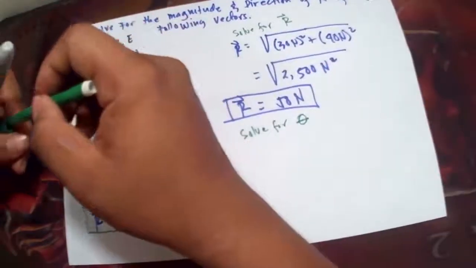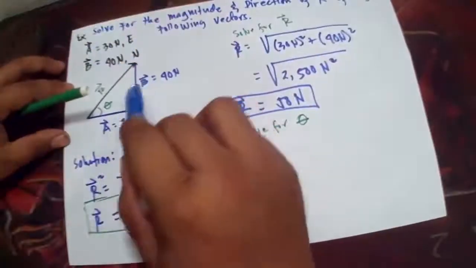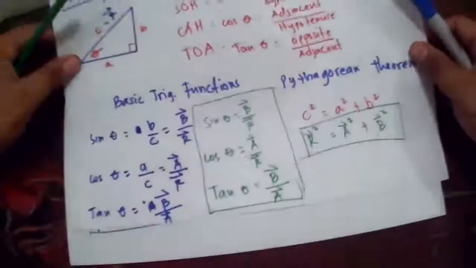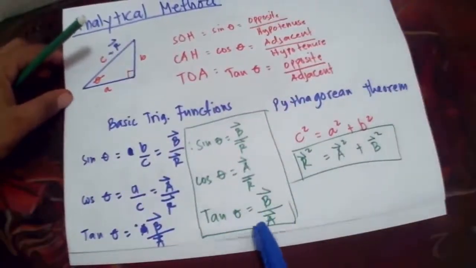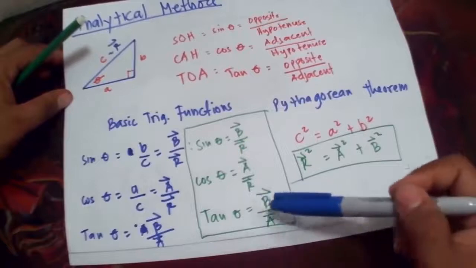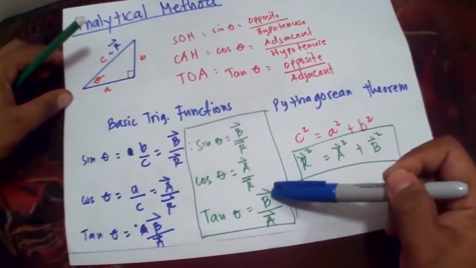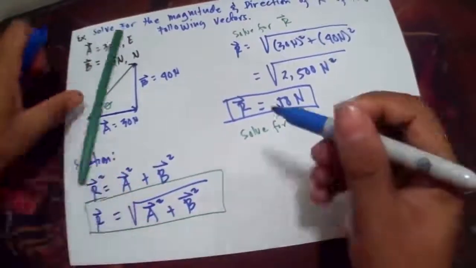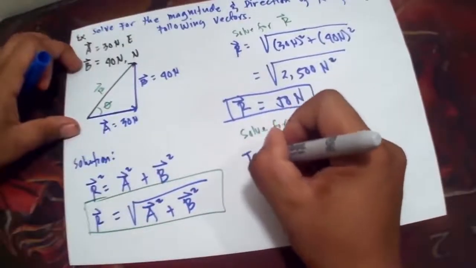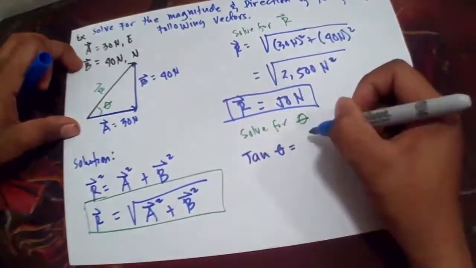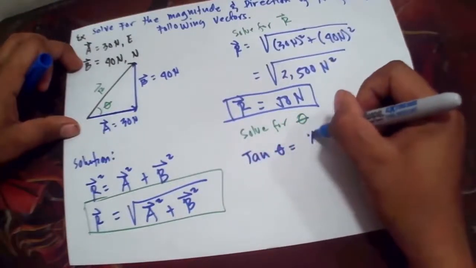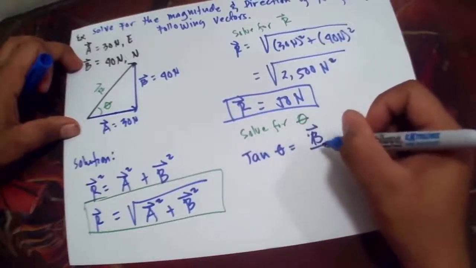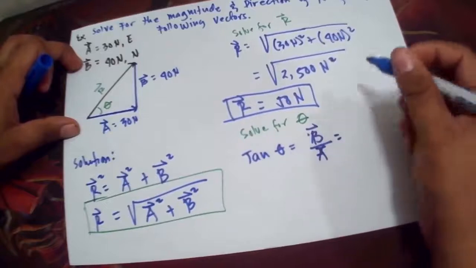Since both sides are given, and if we go back to this equation here, we can use the tangent function because side A and side B are given. So we will apply the tangent function here. Tangent theta is equals to opposite, vector B, over vector A. Substitute.